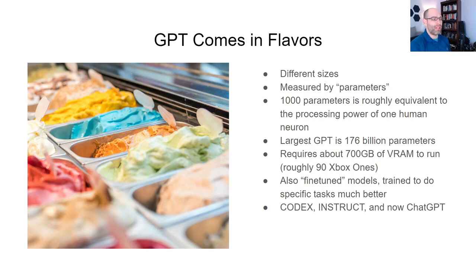So with GPT, the largest model that we know of being 176 billion parameters, this is roughly equivalent to 176 million neurons in a human brain. So it's still much smaller than a human brain in terms of raw processing power. And that, of course, is if that paper holds up. We typically adjust how we think of human brain power over time.